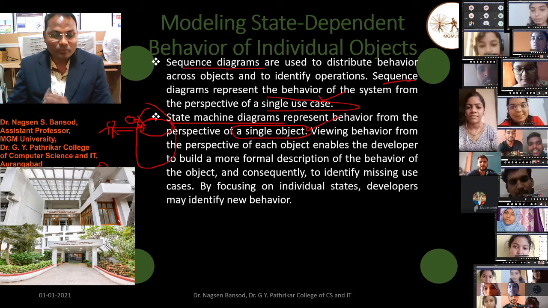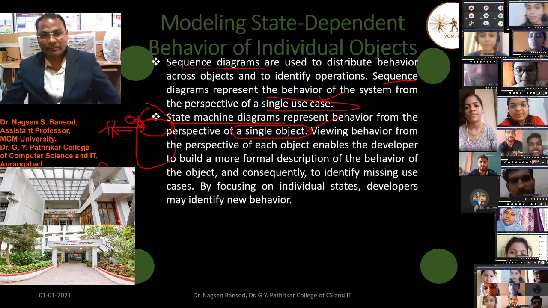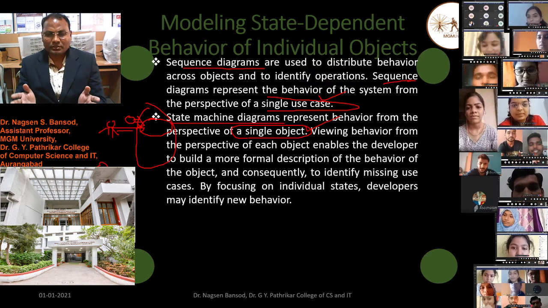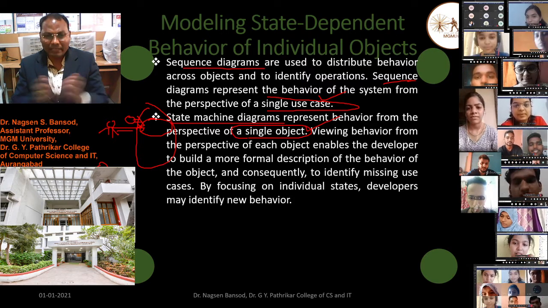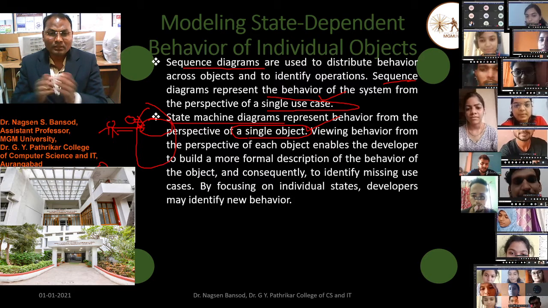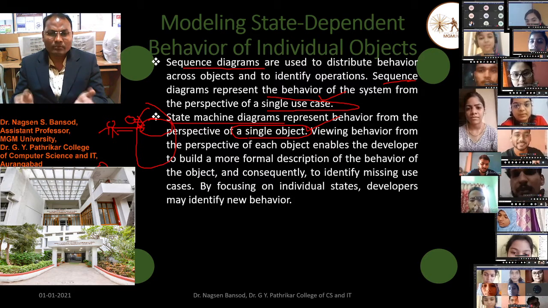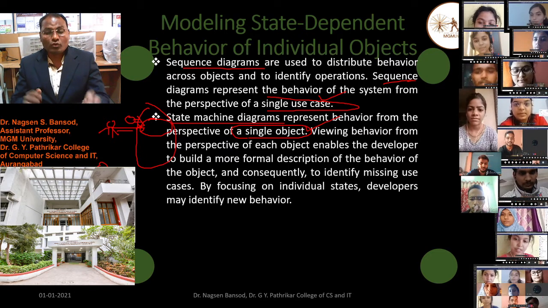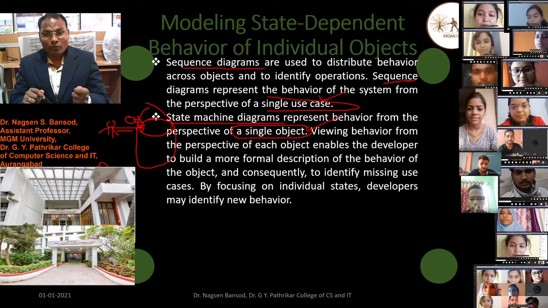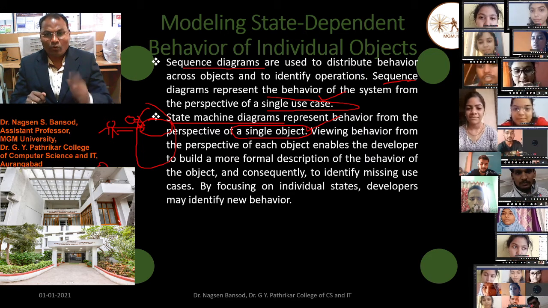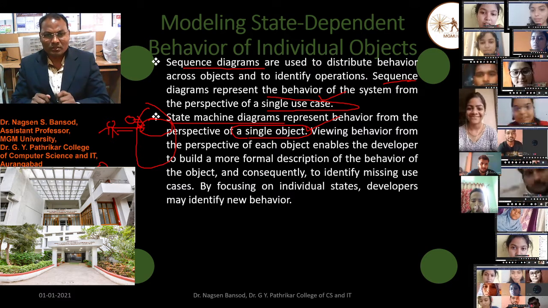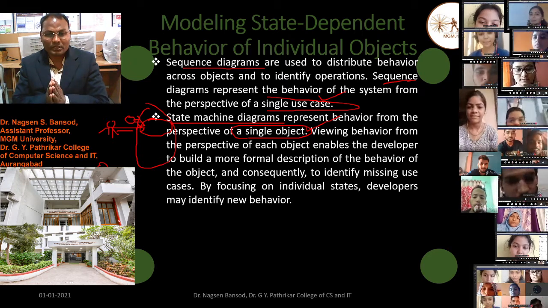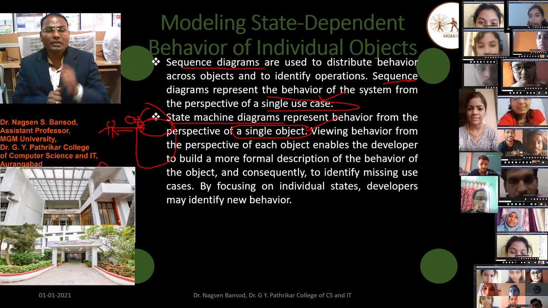Suppose we have huge information and there may be a chance to miss the objects at the time of requirement gathering from the customer, from the client. There may be a chance we miss some objects, some functions. So we have to view the behavior of each object to enable the formal description of behavior of the object, and to identify the missing use cases.